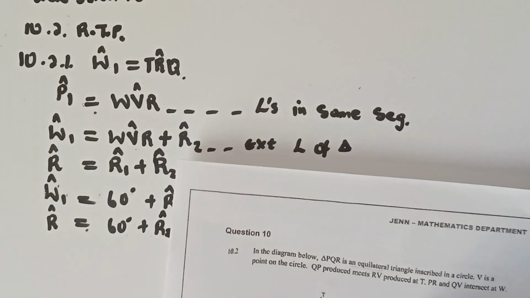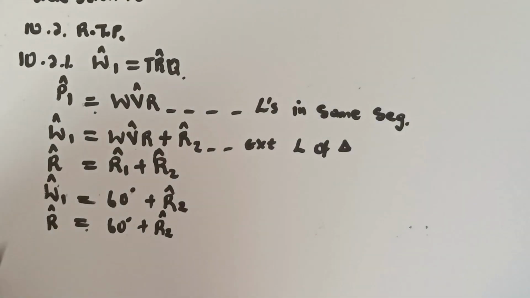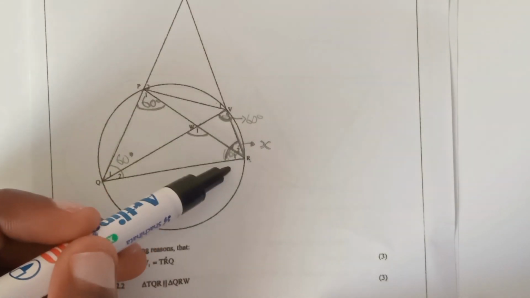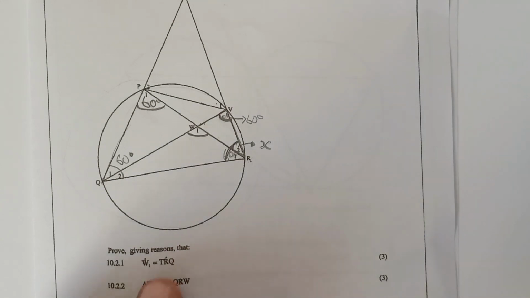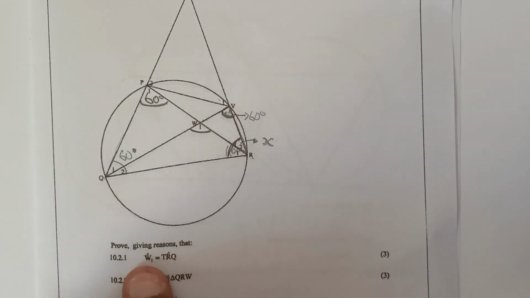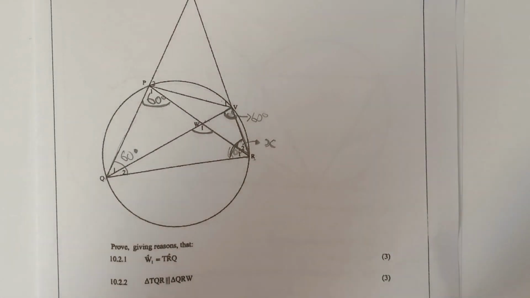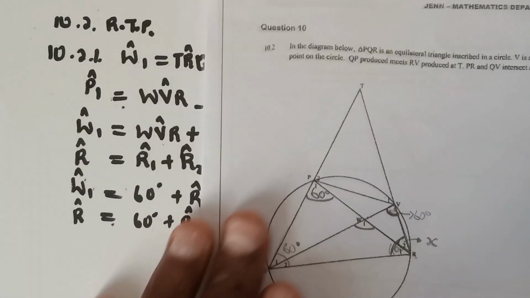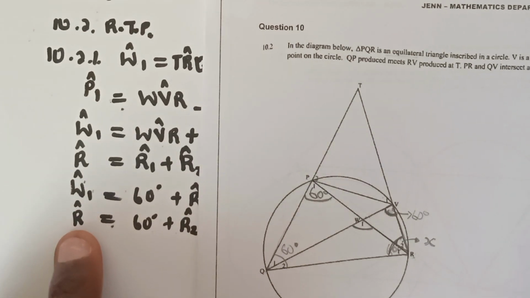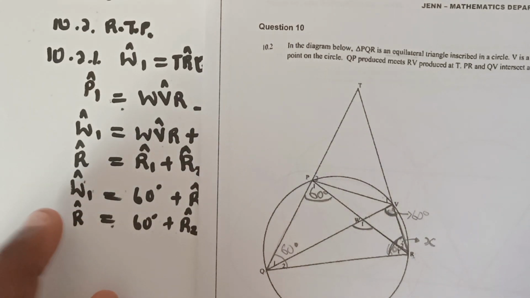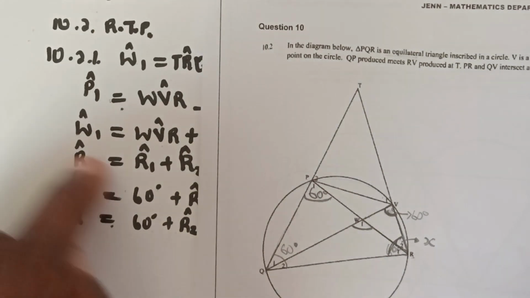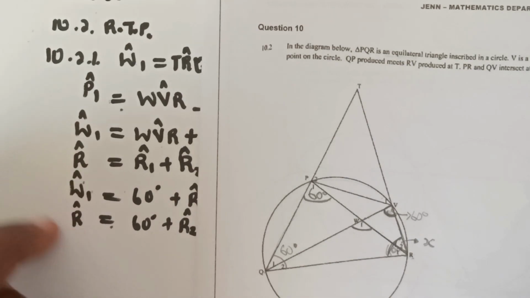Since the angle R here is the one they said we have to prove, that angle TRQ is equal to angle W1, you can see here we got angle W1 and angle TRQ. These are the ones we want to find.